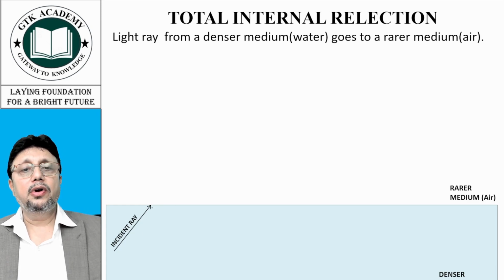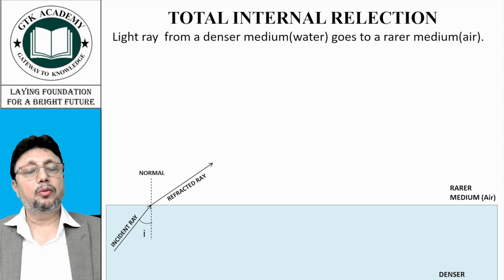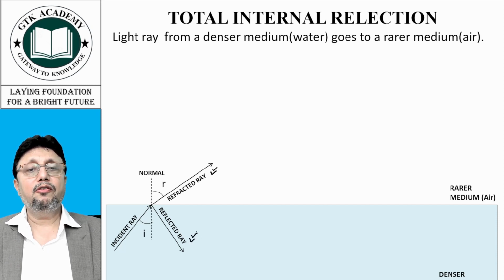So it is going from denser to rarer medium. So what will happen? This is the angle of incidence. Some of it will be refracted, and I told you that both phenomena happen. So some of it is going to be reflected also. A part is refracted and a part is reflected.